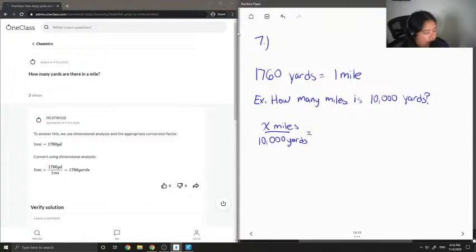Then on the other side, I'm going to write down the conversion factor. In the same order, we have miles on top since these are the units we want to convert to, and then 1,760 yards. These are the units that we want to get rid of. So now we just solve for x.